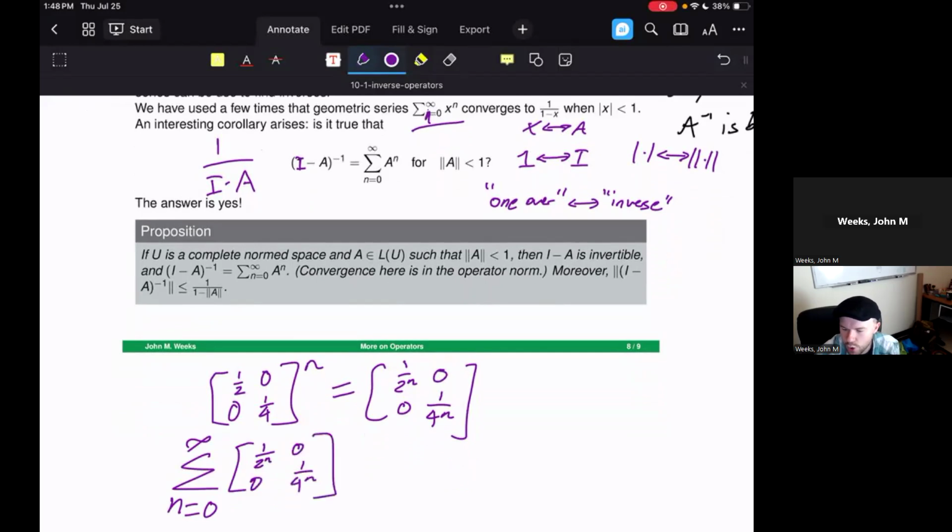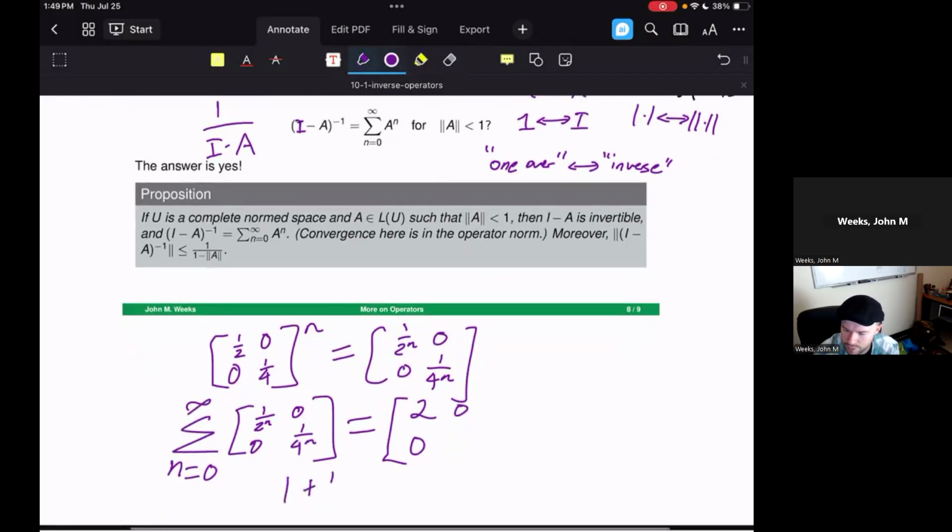This matrix, 1 over 2 to the n, 0, 0, 1 over 4 to the n, if I sum all of these matrices together, I'm going to get something like 1, 0, 0, and 4/3. Actually, I believe it's 2 up here. Check and make sure that that's true. And then we check my 4/3 again right down here. So I'm going to get what? 1 plus 1/4 plus so on and so forth. So that should be equal to what? 1 over 1 minus 1/4.